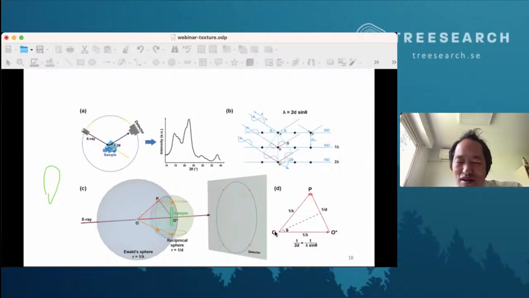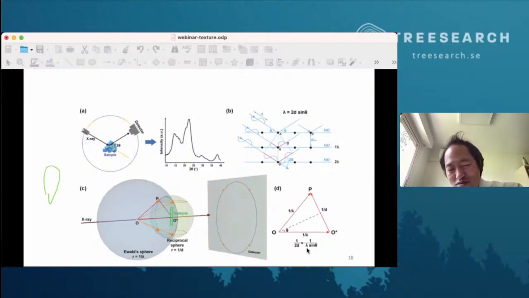So then actually when the sphere touches this point, if you look at the geometry, it is exactly the same as this condition, because this distance, for example, is 1 over d multiplied by sine theta. And this length is twice it. So this condition of drawing this triangle is exactly the same as this Bragg condition.